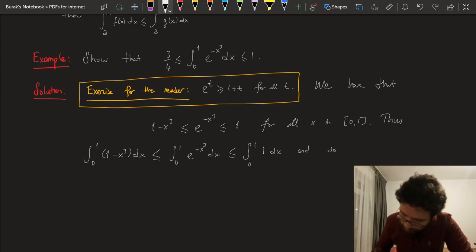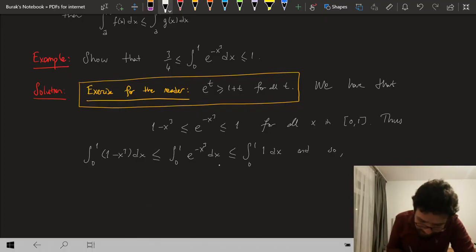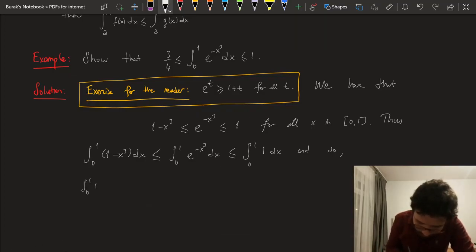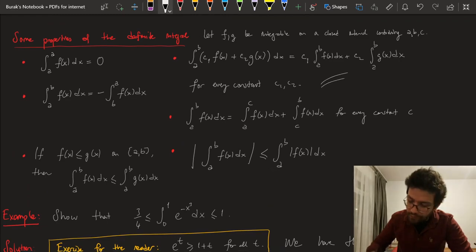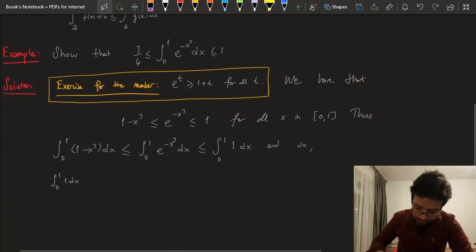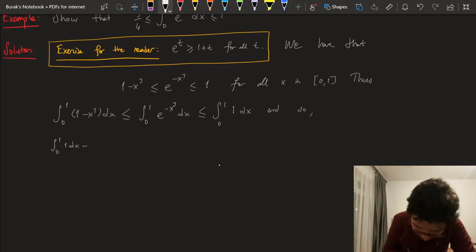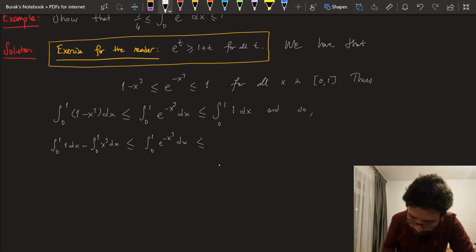And so now this integral I can actually, let me use the linearity of the integral over here to split it like this, and then this is what I'm going to get.